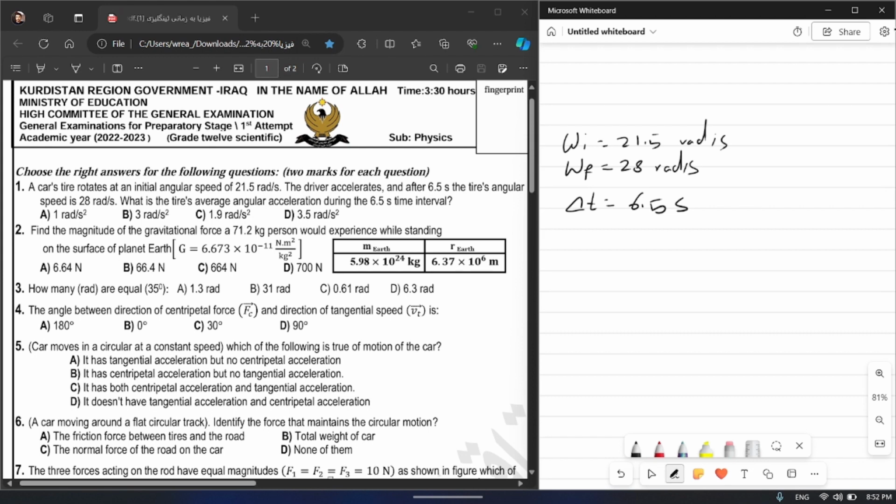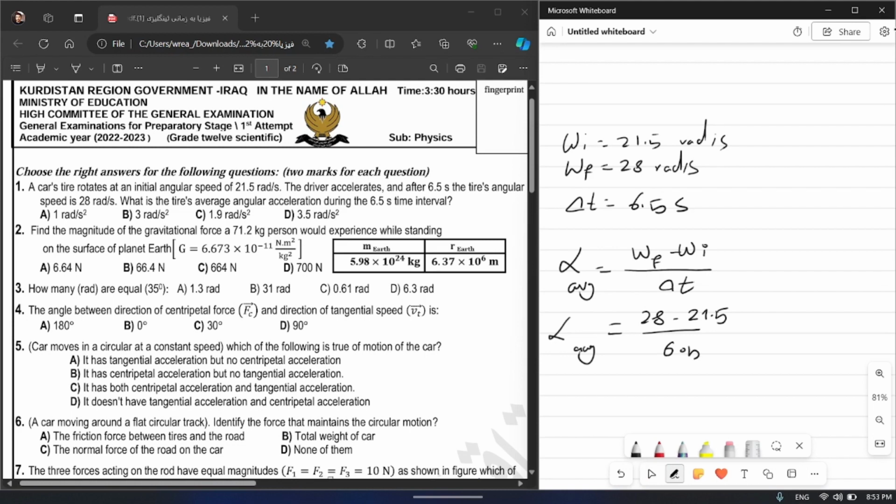So of course we have omega initial, omega final, and delta t. We'll use average angular acceleration equals omega final minus omega initial divided by delta t. In this case, average angular acceleration equals 28 minus 21.5 divided by 6.5.